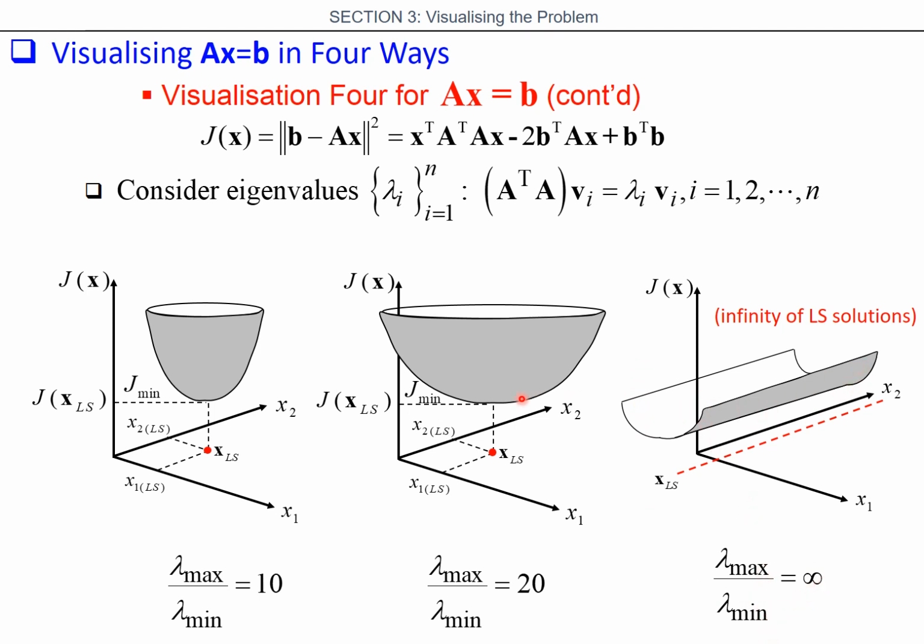So in these two cases you've got two uniquely least squares solutions, and when the maximum eigenvalue over the minimum eigenvalue goes to infinity, you get this. So that's a way of visualizing what happens to that surface when you have an infinity of least squares solutions. It becomes like a bit of guttering on a house.